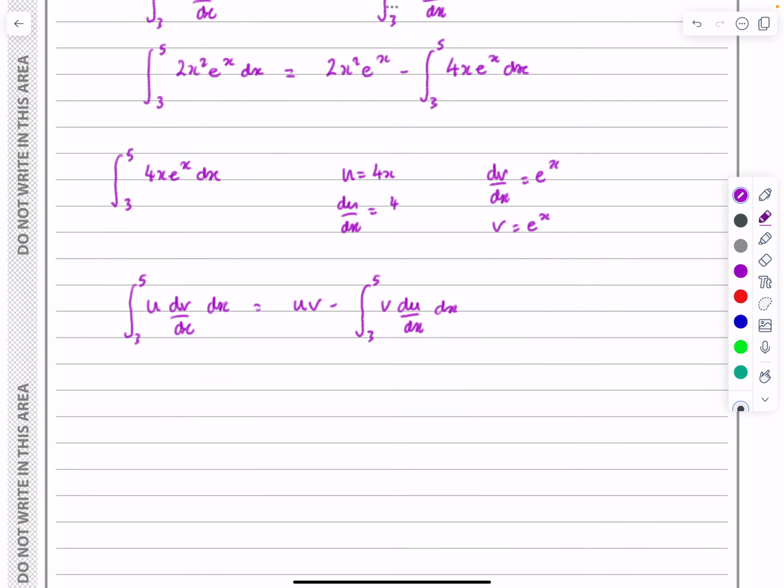So that tells me that I'm going to get that the integral of 4x e to the x dx is going to be uv, which is those two. uv is going to be 4x e to the x minus the integral of these two, the bottom two, so minus the integral of, in this case, 4e to the x dx.